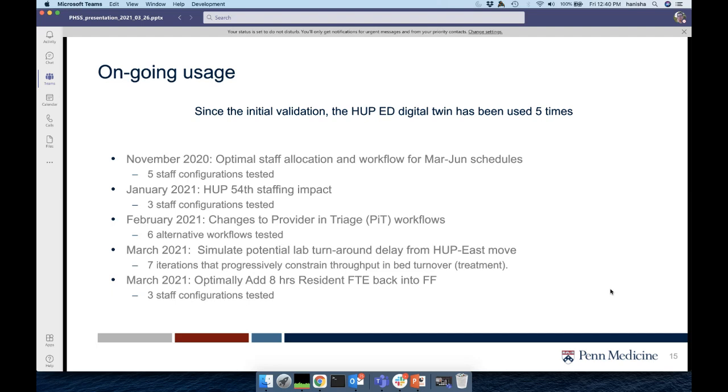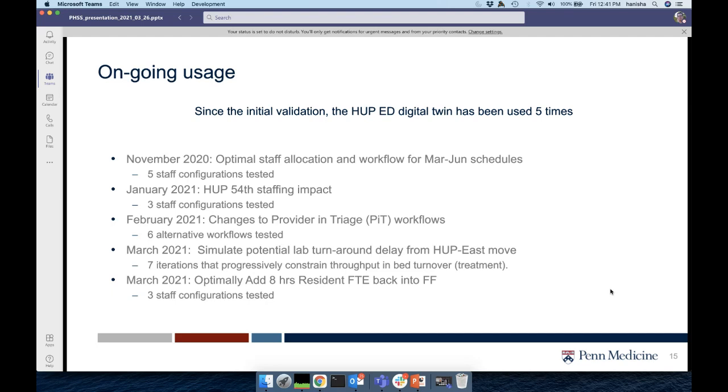It's an on-the-fly thing that we use the digital twin for. The broader point here is the digital twin allows for making much better decisions, whether you're doing a real life experiment or not. It allows you to make decisions based on predictive analytics of an incredibly complex system where the cost of making a wrong decision is extremely high, both in terms of financial cost to the department, as well as cost to patients in terms of things like wait time, quality of care, et cetera.